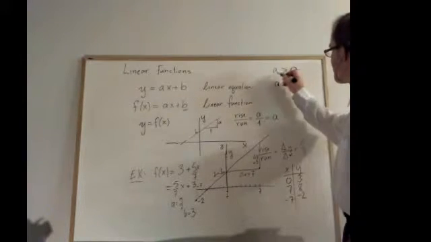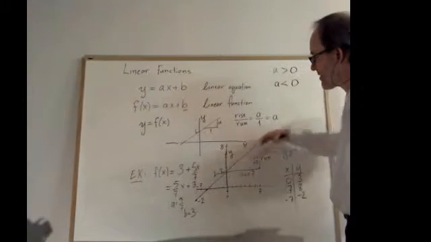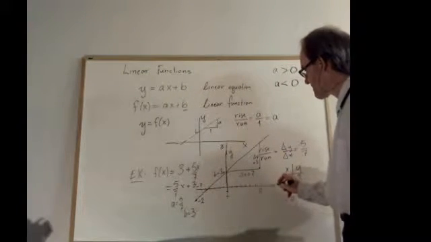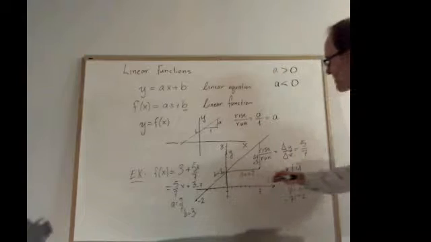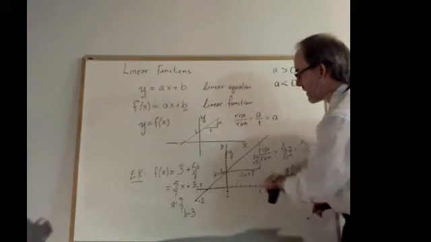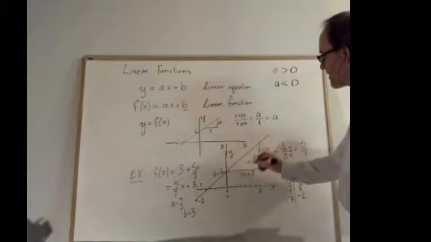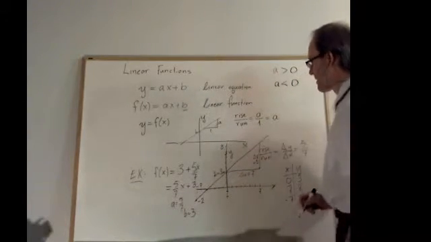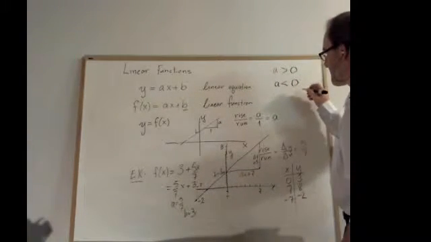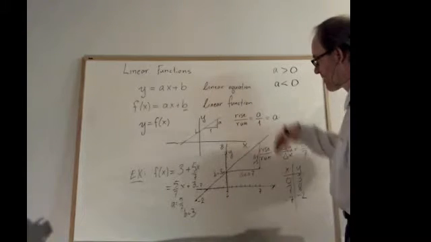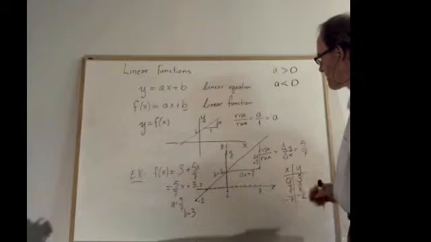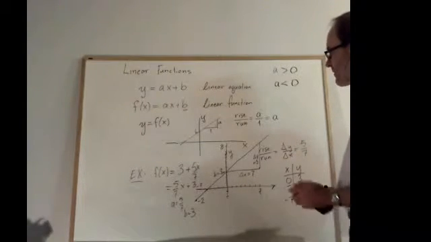So if a is positive, then the graph is increasing. So remember, that means that as you let x go from left to right, y will also go upwards. So if x is increasing, y is also increasing. Upwards is the version of increasing for y, whereas to the right is the version of increasing for x.